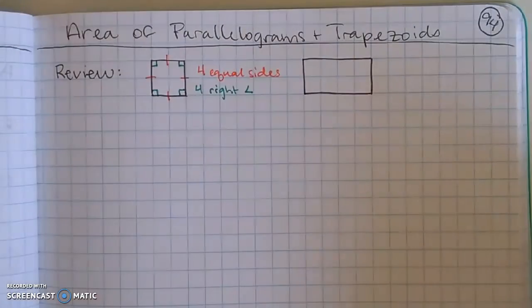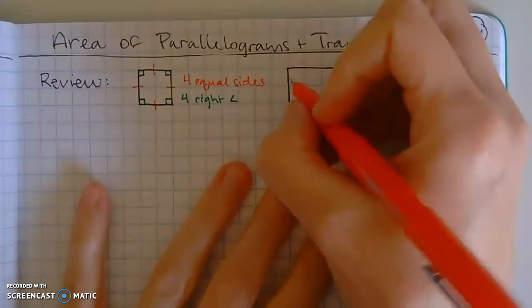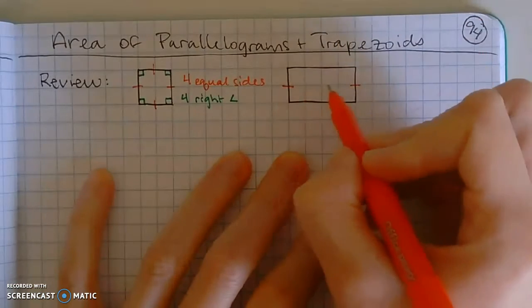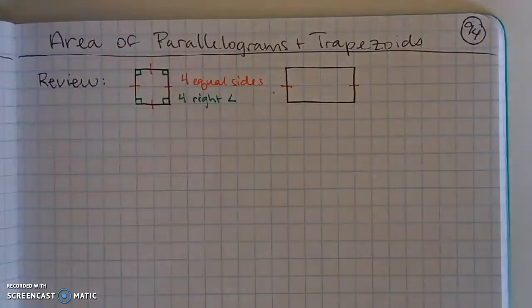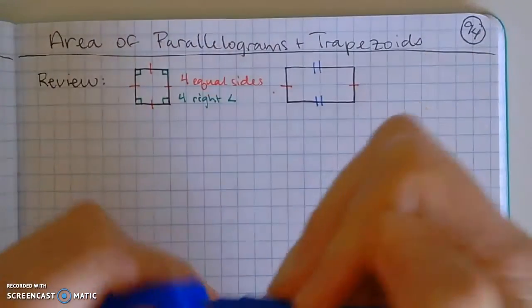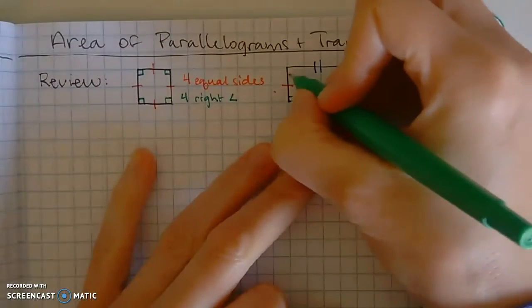On a rectangle, the definition is you have 2 different sides. These 2 sides are the same length, and these 2 sides are the same length, and you still have those 4 right angles.